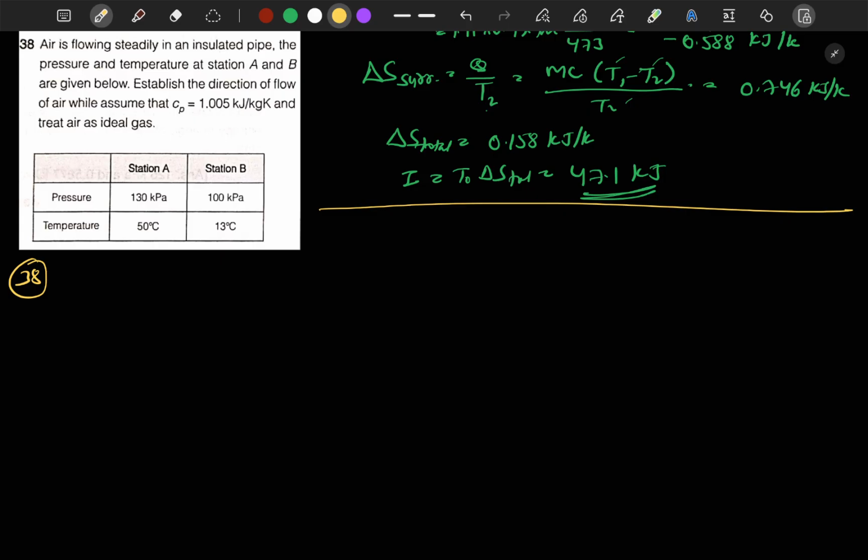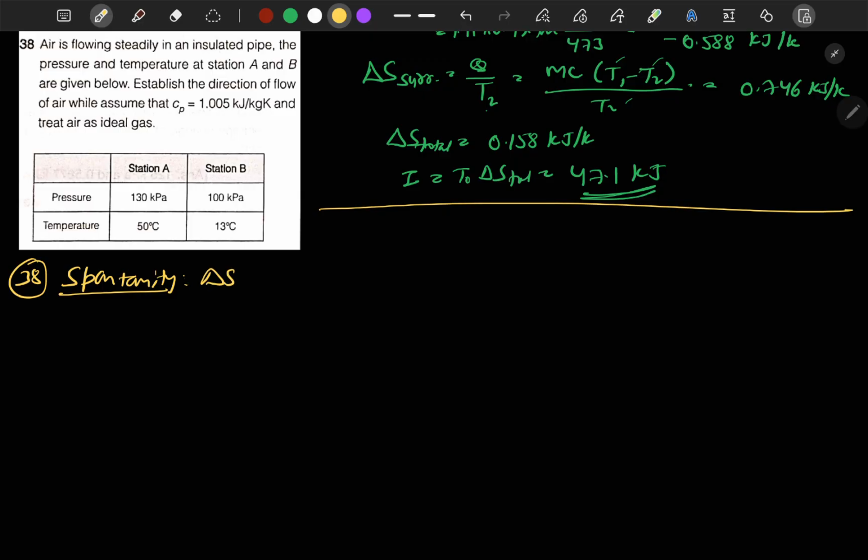I already told you that the direction of a flow or a process is obtained by spontaneity. Spontaneity is like the entropy of the system.